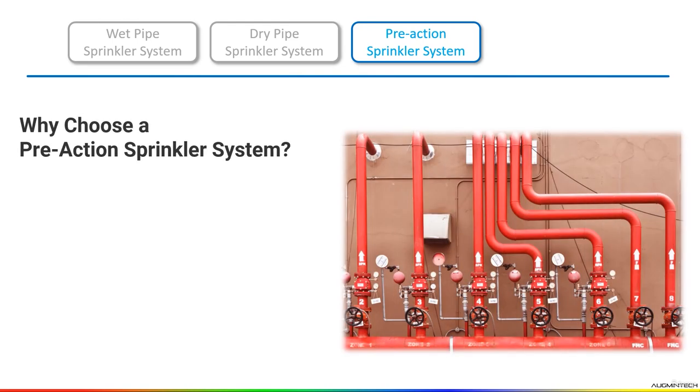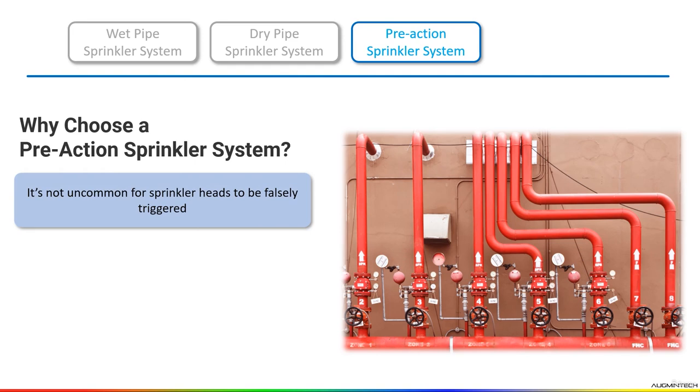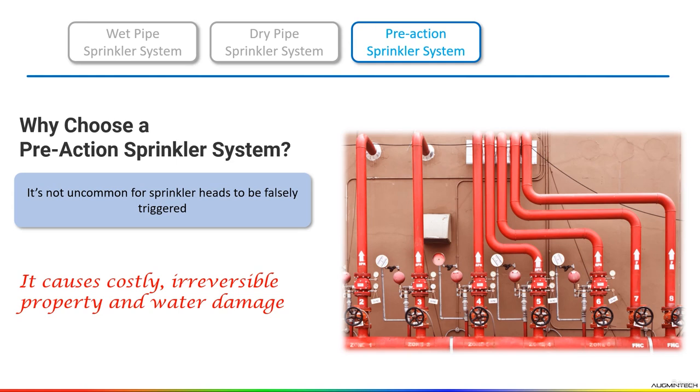Now the question is, why choose a pre-action sprinkler system? What is the reason? It is not uncommon for sprinkler heads to be falsely triggered. It causes costly, irreversible property and water damage.